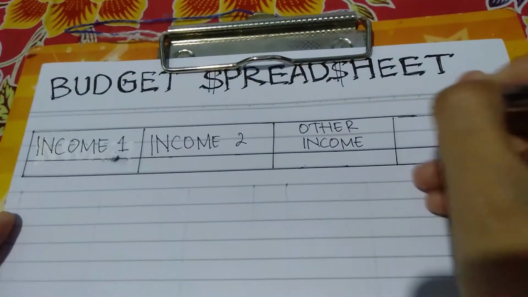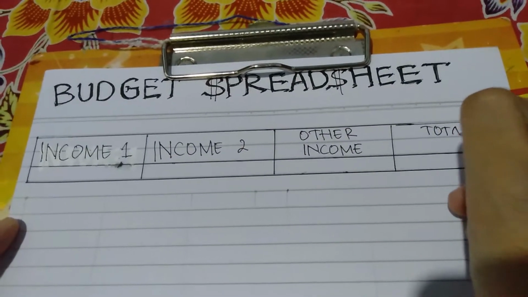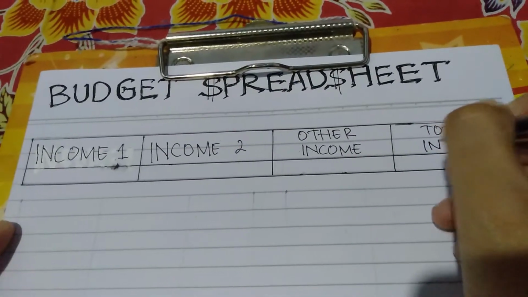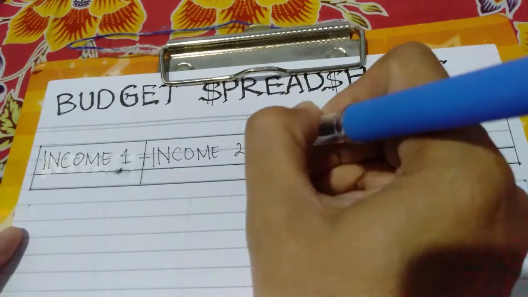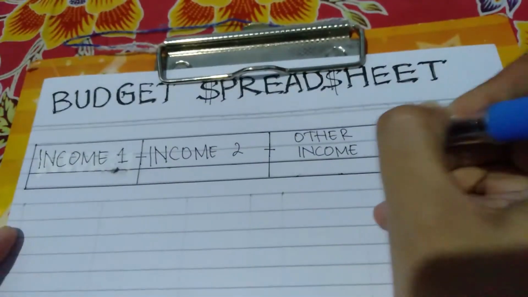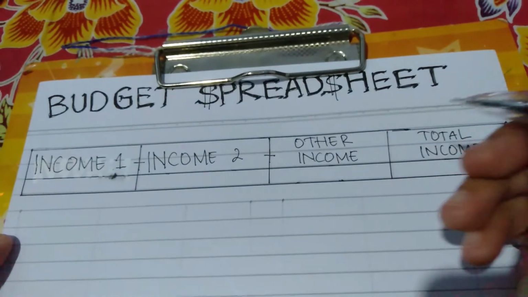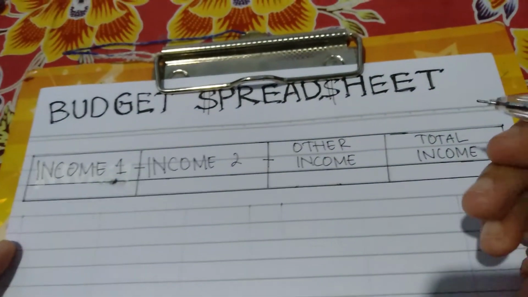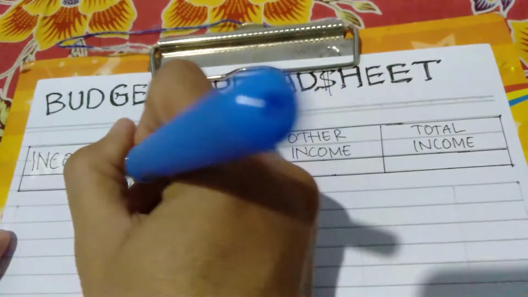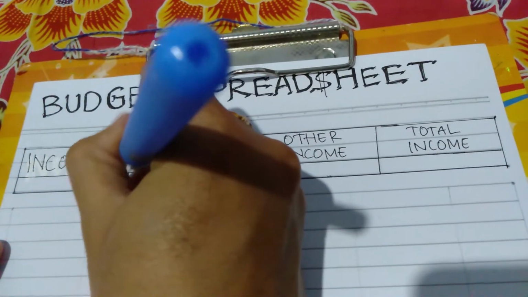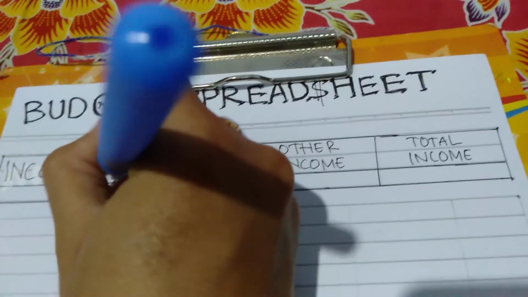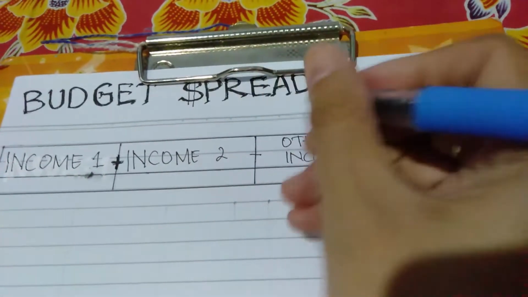So it can minimize your habit of spending money. By creating this plan, you know where your money should go. So in short, you can see that the budget spreadsheet here is a good friend to control your cash flow.